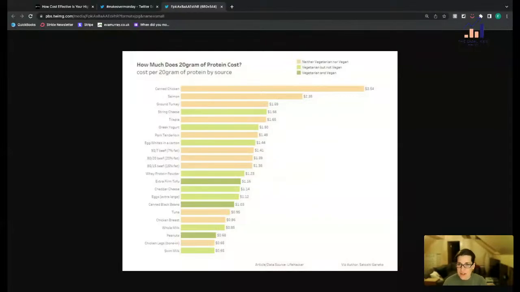Okay, so how much does 20 grams of protein cost? Cost of 20 grams of protein by source. Hallelujah. This is actually an answer. So comparing 20 grams of protein across all of these, it's a common denominator. So that means we can actually compare all these different protein sources or these different foods.